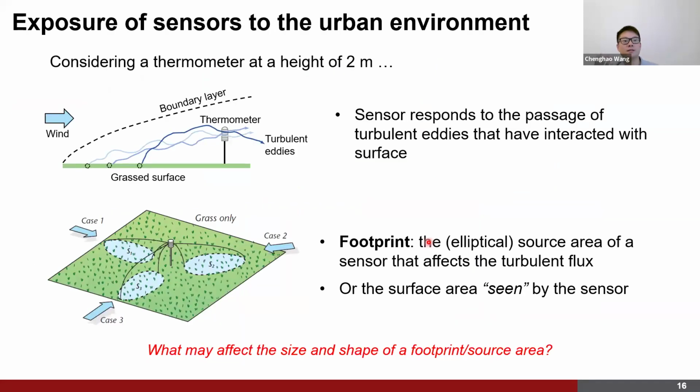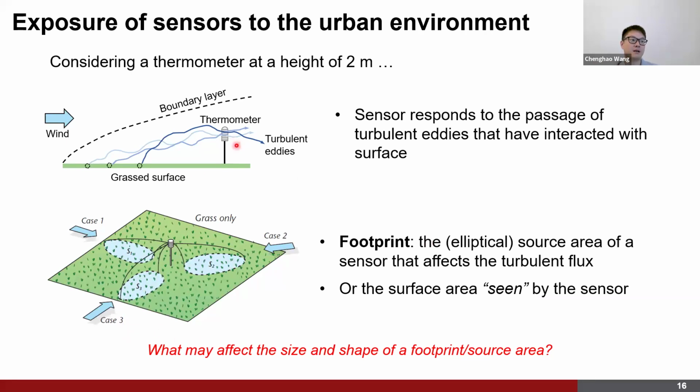Okay, now we have learned different types of sensors and instruments. Let's put this into context. So let's imagine we have a thermometer at a height of 2 meters above the ground surface, which is located within a very homogeneous grassland.